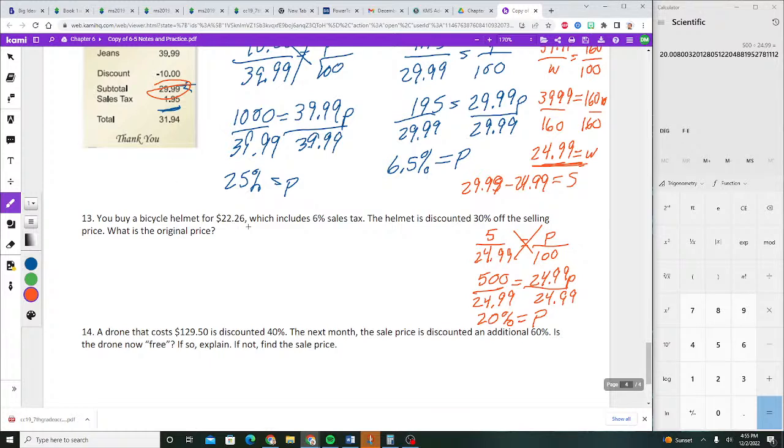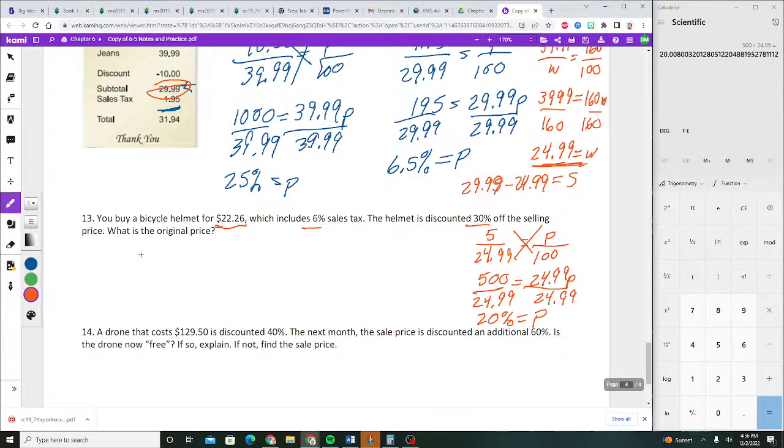You buy a bicycle helmet, which includes 6% sales tax. The helmet's discounted 30% off the selling price. What's the original price? So this includes the sales tax. We've got to find out how much it costs before the sales tax, then how much it costs before the discount. So we just got to think this backwards.